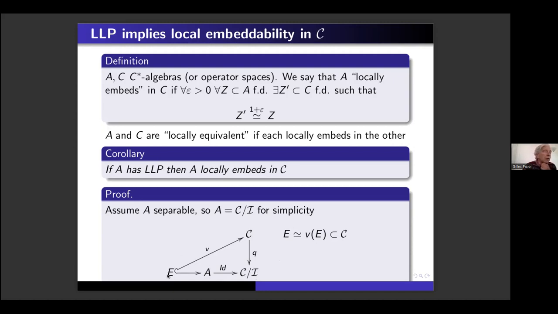Then I take an arbitrary finite dimensional subspace, and the local lifting property tells me that there is a V that lifts the diagram and which has CB norm 1.